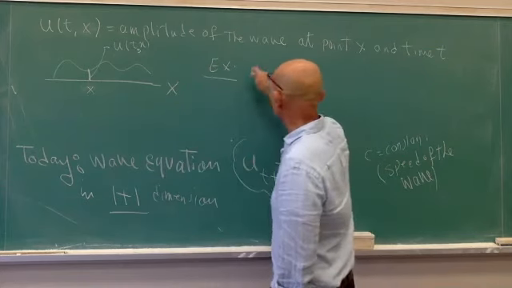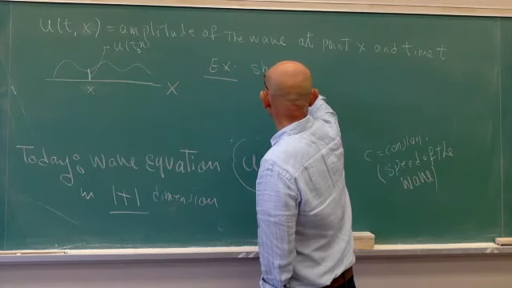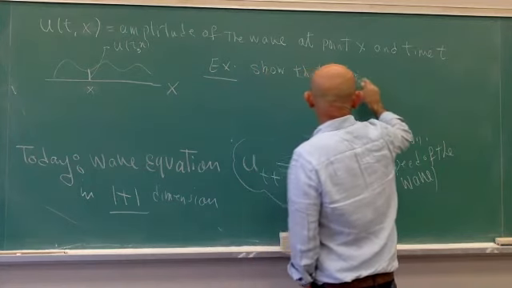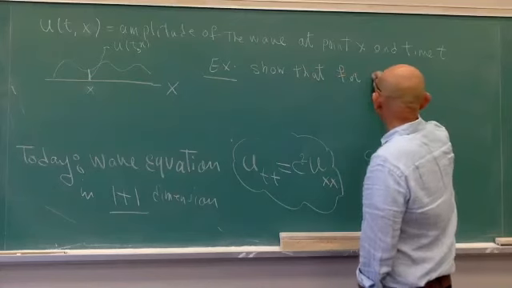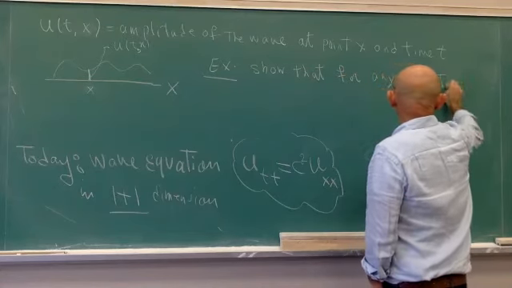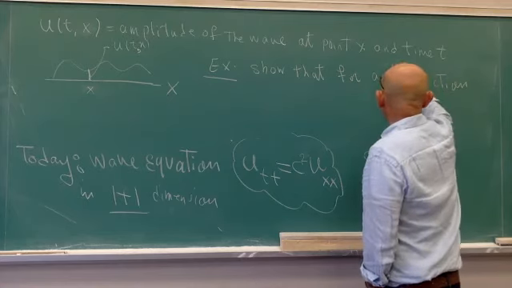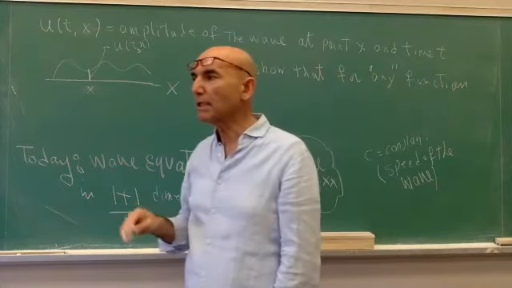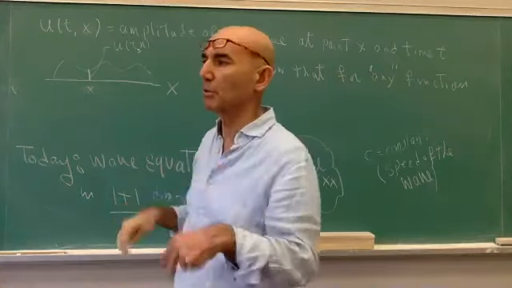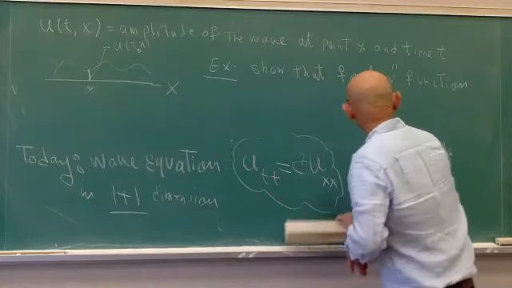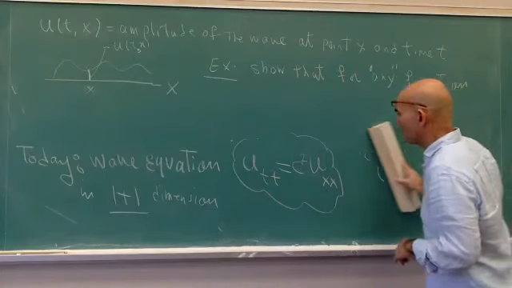So here's this: show that for any function, and I really don't mean any function, I mean any reasonable, at least twice differentiable function. That's not a big issue for us.